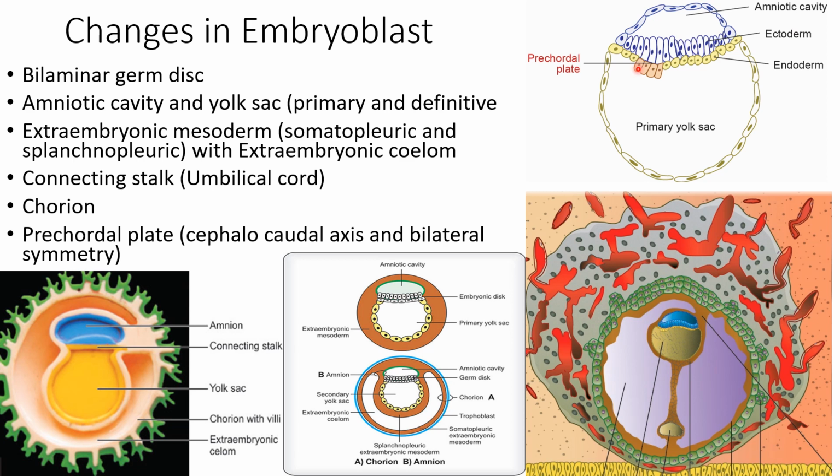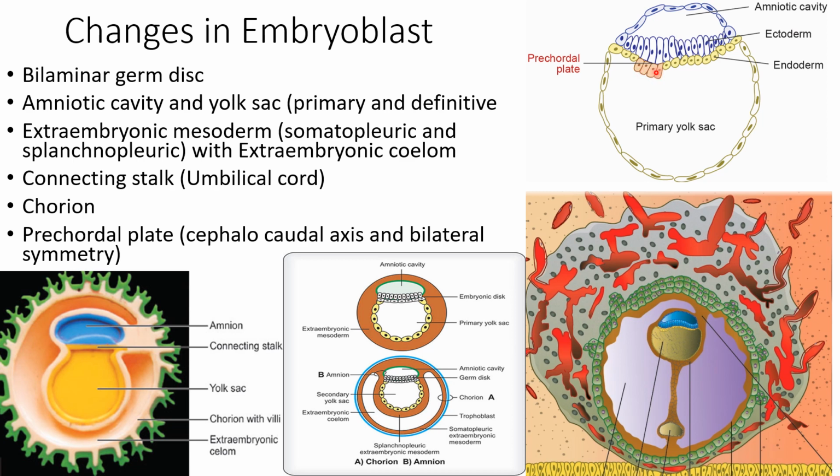So there is differentiation of cephalic cells of the endoderm into tall columnar cells which are firmly adherent with the ectodermal cells. This prechordal plate is formed at the cephalic end, and it is the first sign of differentiation of the germ cell.